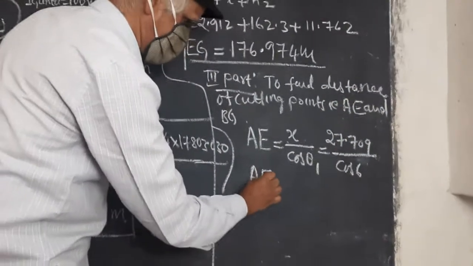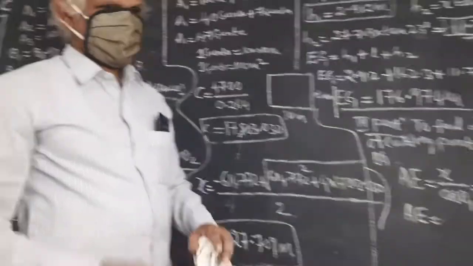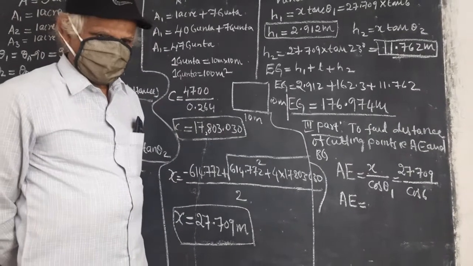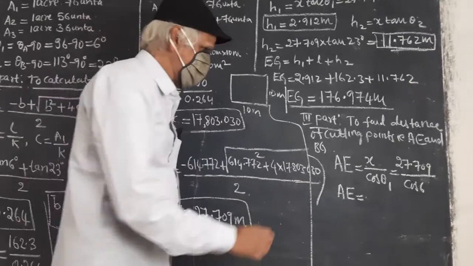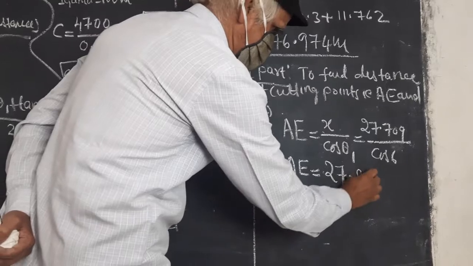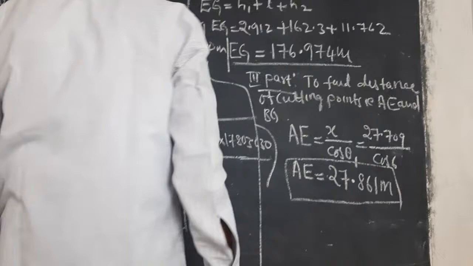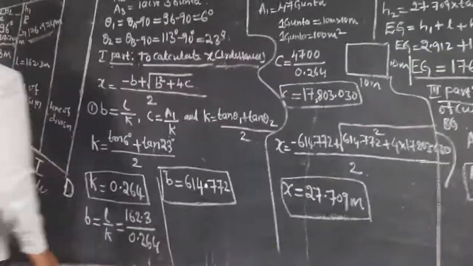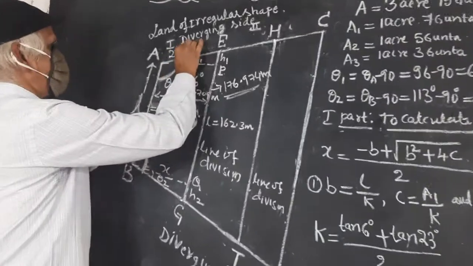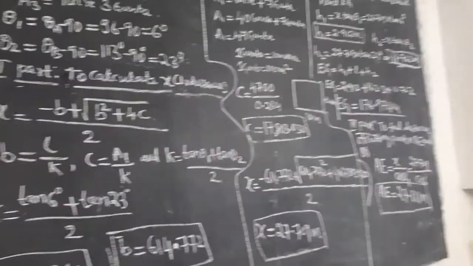So on simplification, up to the third decimal place, one can find this AE to be equal to 27.861 meter.